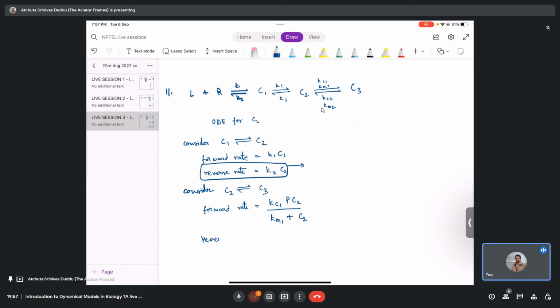And similarly, the reverse rate would be given by KC2 P C3 by KM2 plus C3.